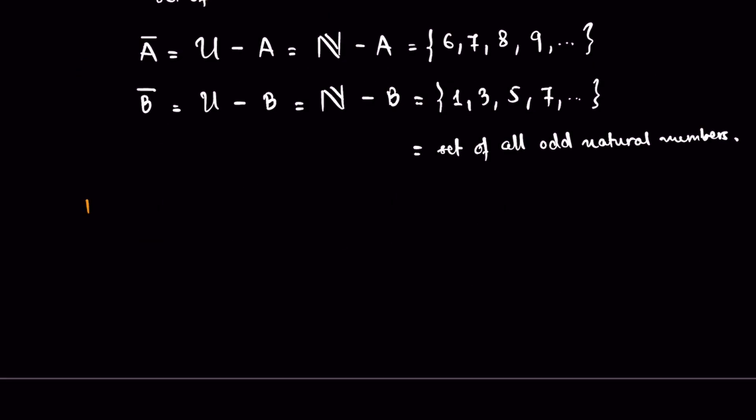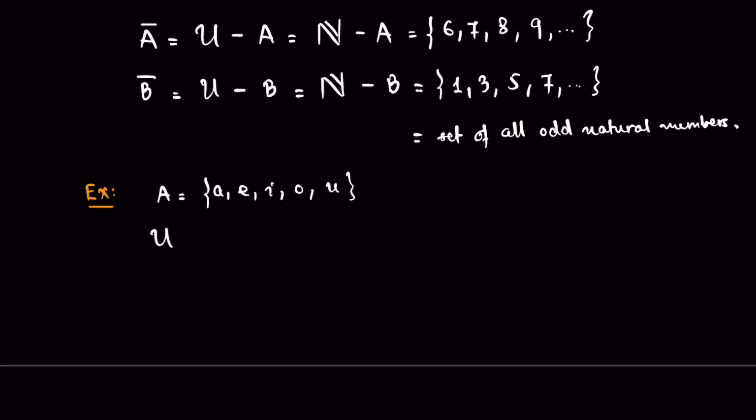Let's consider another example. If you consider the set A of all the English vowels A, E, I, O, U, you can find the complement of A. That is, you want to take the universal set. In this case, the universal set is the set of letters of the English alphabet. Subtract A to get A complement.